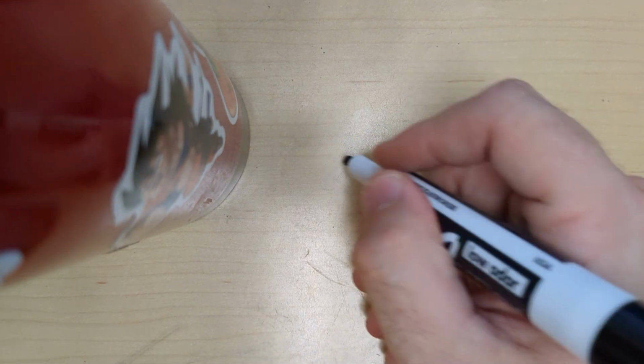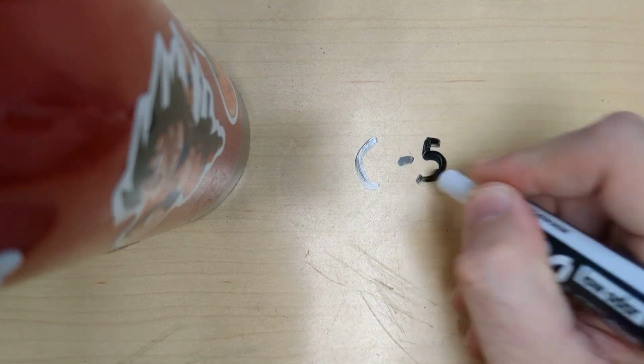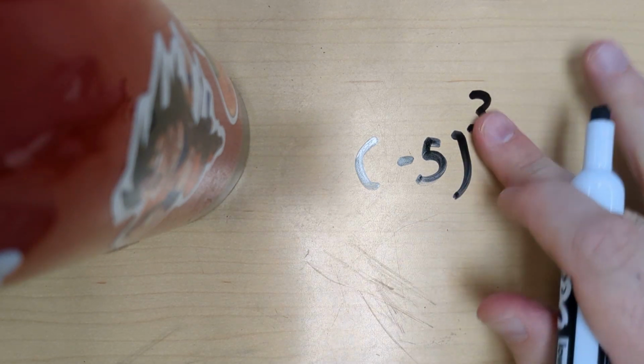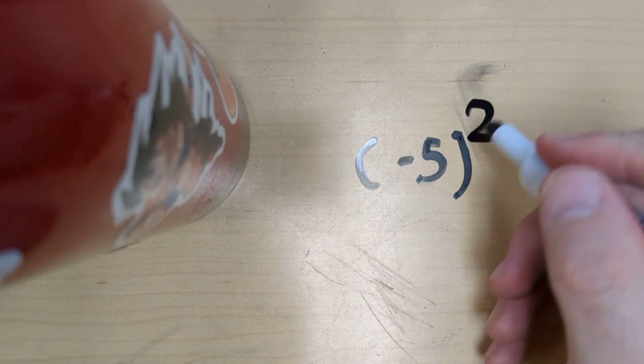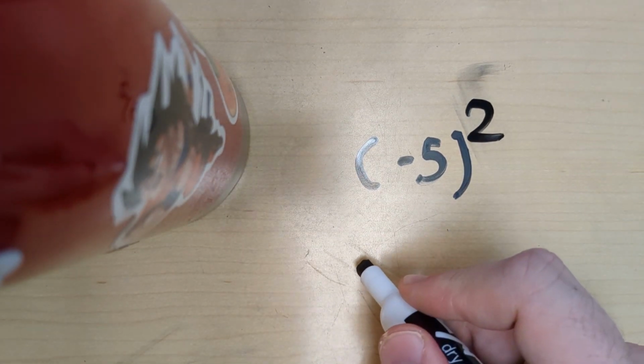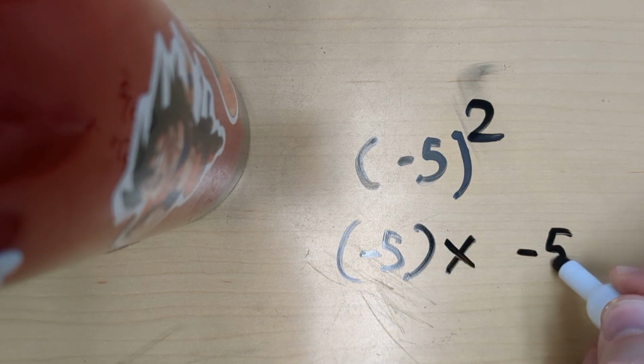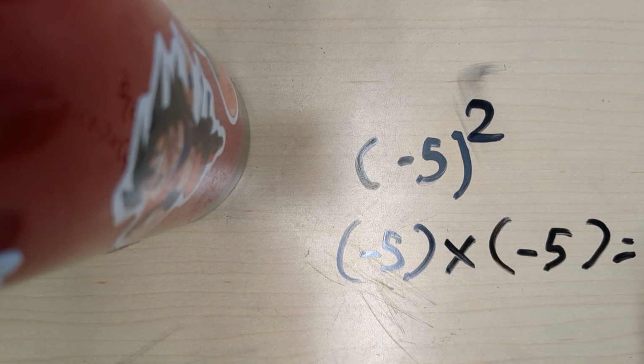I kind of misspoke earlier. If we're doing negative 5 squared, so negative 5 times negative 5, that's going to end up with us having a positive 25.